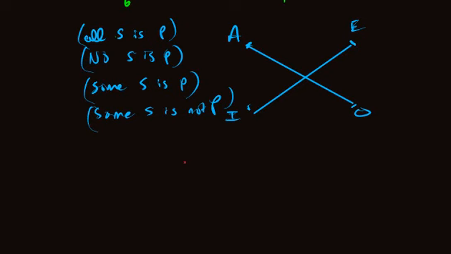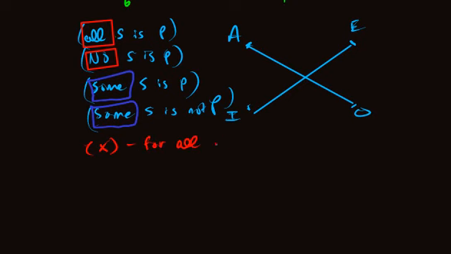The interesting thing about this is when we talk about the scope of each quantifier, these are the universal ones, and these right here are the particulars. There is a particular way you quantify these, and for the universal quantifiers, you use x in parentheses, and that just stands for all x.